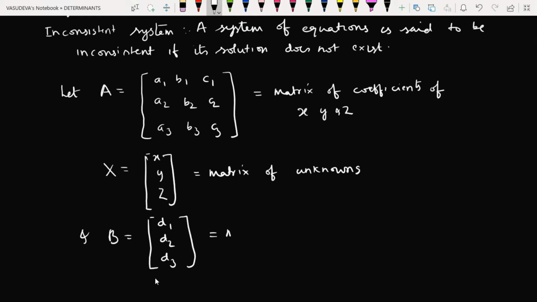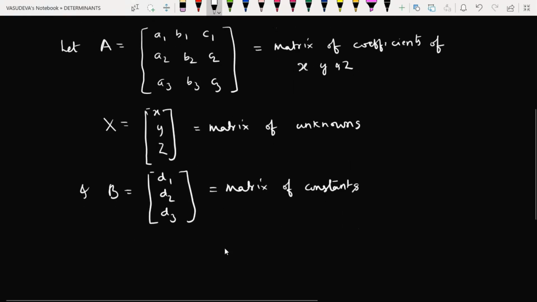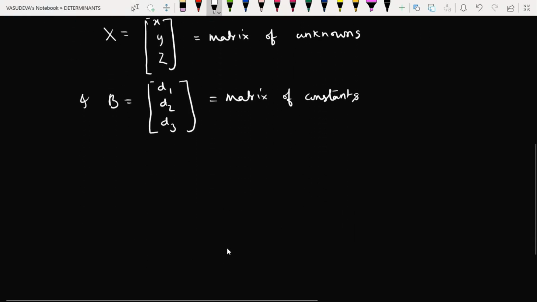It is the matrix of constants for the simultaneous equations. So we have denoted A as the matrix of coefficients, X as the matrix of unknowns and B as the matrix of constants.